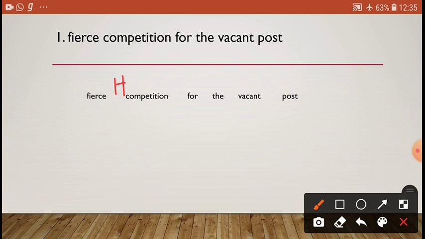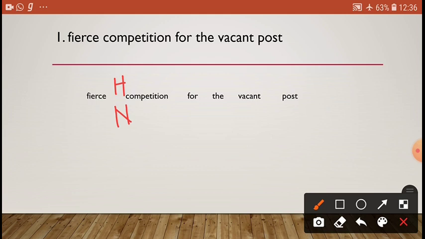Now, what is the form of the word competition? Yes, it is noun. So, you should write N at the bottom. Remember, form labels are given at the bottom and function labels are given on the top. So, competition is the head word for this phrase.